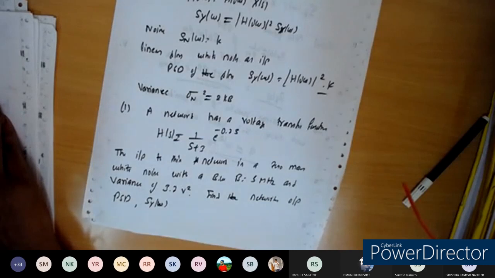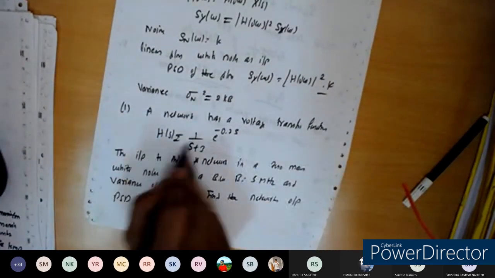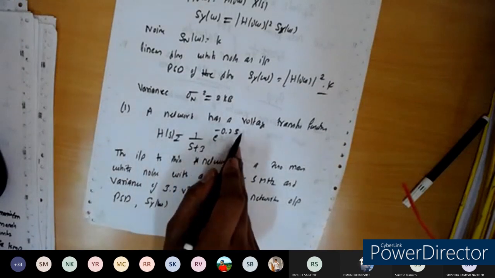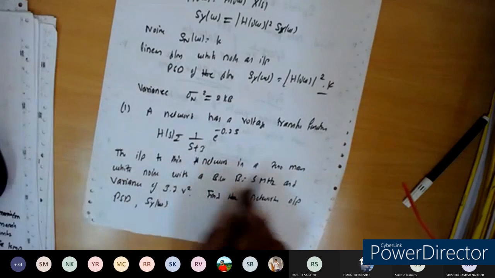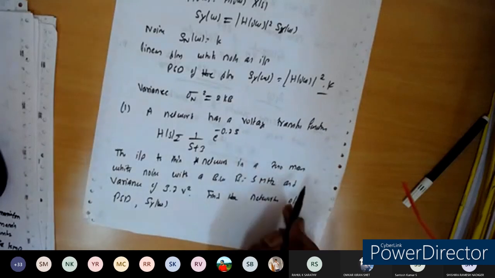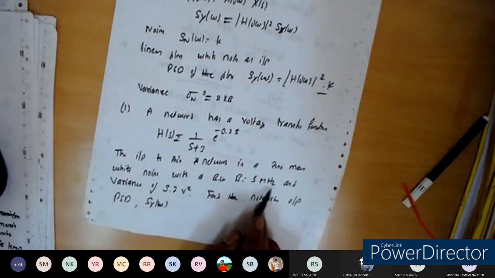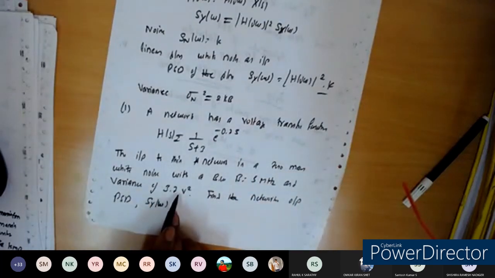So here they have given the transfer function of the linear system, H of s is equal to 1 divided by s plus 3 into e to the power of minus 0.2s. The input to this is white noise, with power spectral density Sn of omega. It has a bandwidth of 5 megahertz and variance of 3.7 volt square.